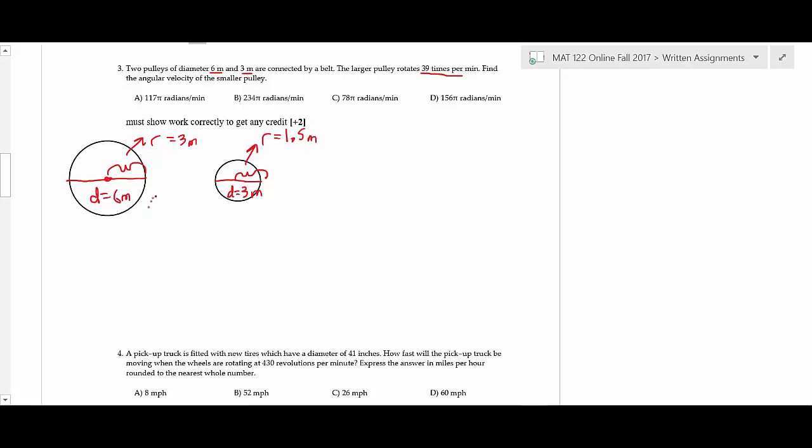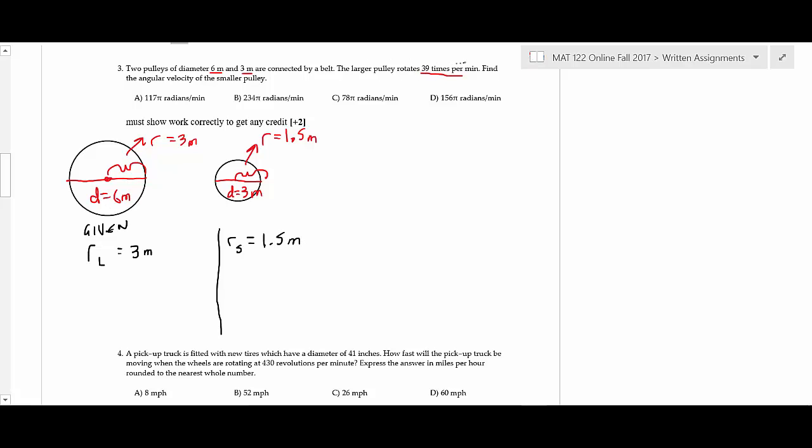Okay, so the way I'm going to write this is I'm writing down my given information. What I've got so far is the radius of the large circle, which I'll write as radius of L, is 3 meters. Then I've also got the radius of the small circle is 1.5 meters. So that's what I've got so far in the problem.